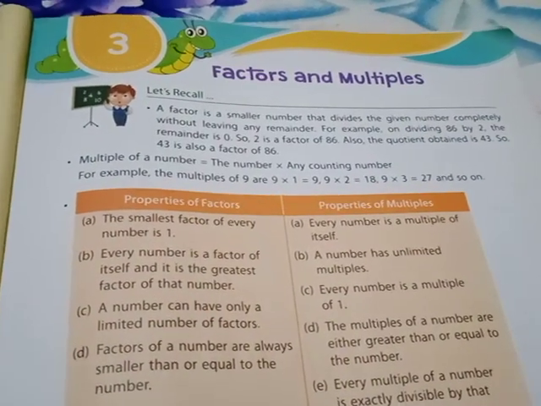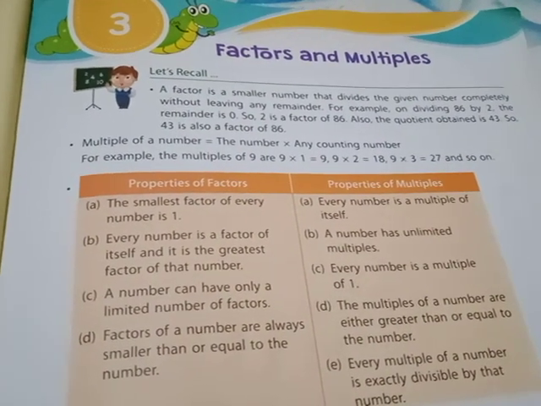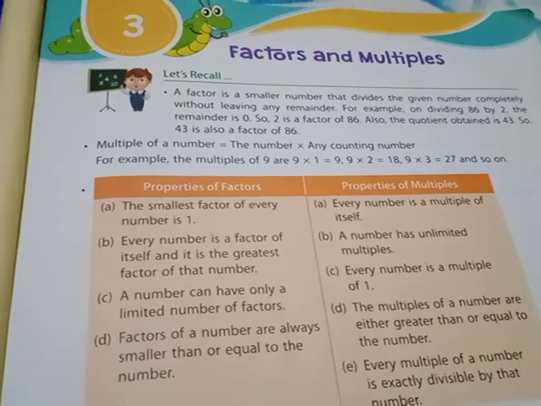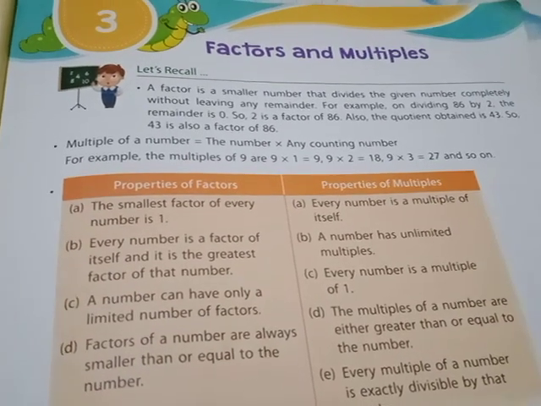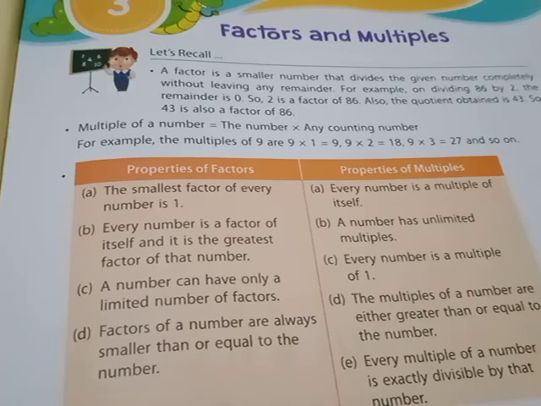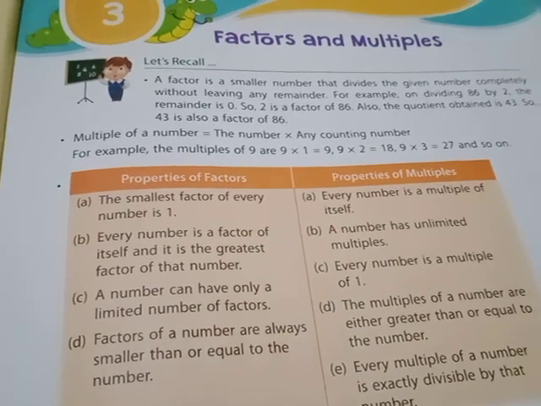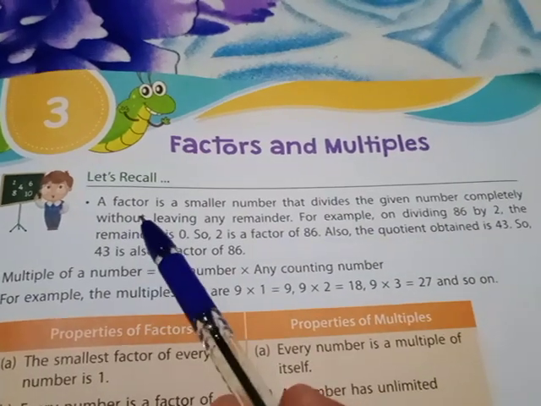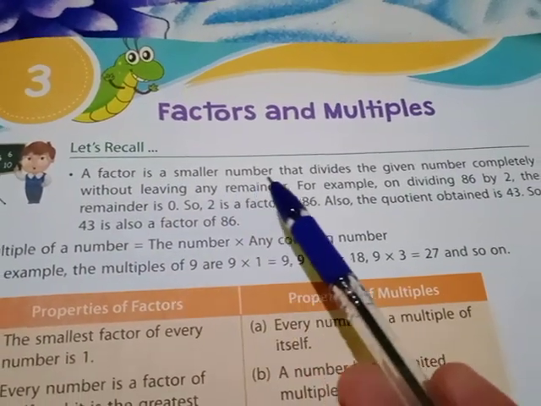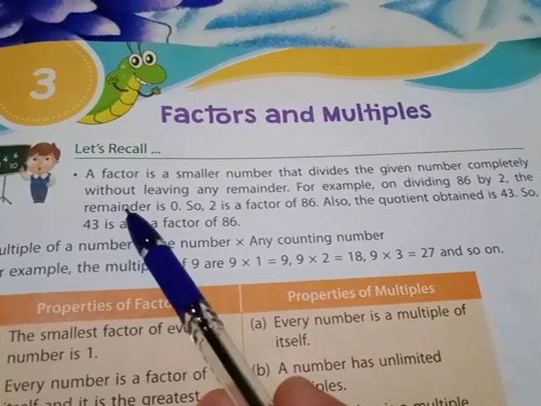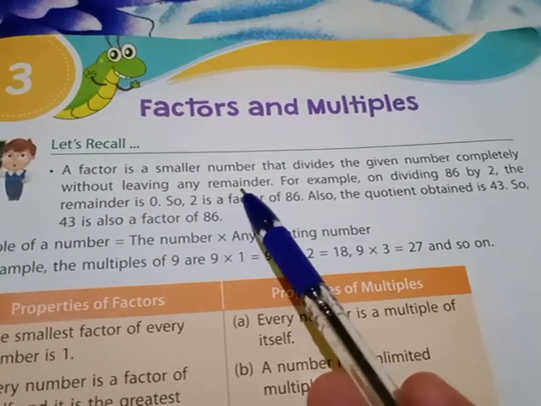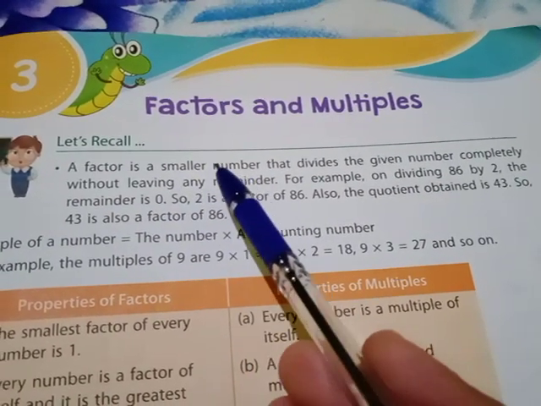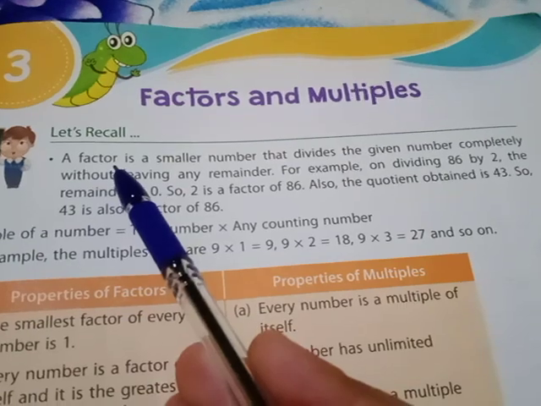Factors and multiples, a bit of explanation was given in class 4th also. Now here you will study a few more new concepts for factors and multiples. First of all, we'll recall: a factor is a smaller number that divides the given number completely without leaving any remainder. What does this mean? What is a factor basically?